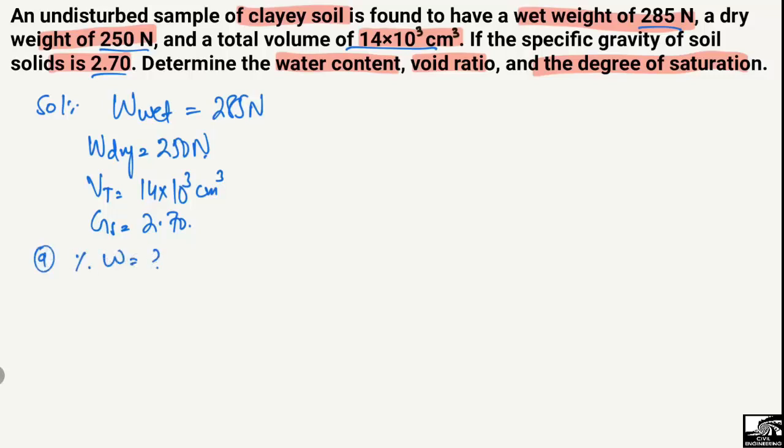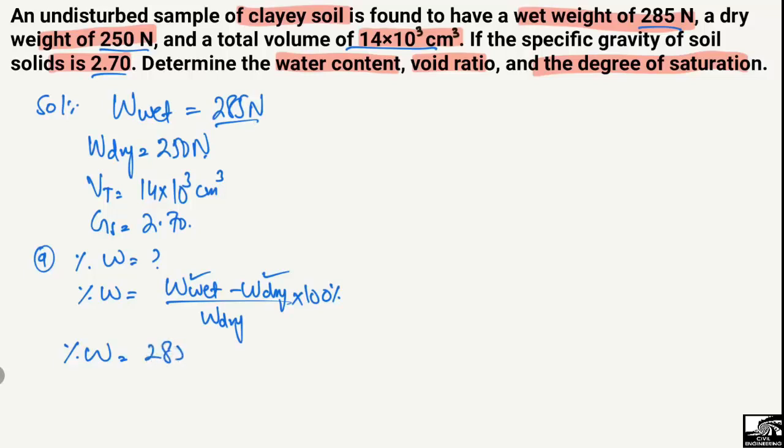To find the water content for this soil sample, it's very easy. The water content in percentage is equal to the wet weight of the soil sample minus the dry weight, divided by the dry weight, multiplied by 100%. Now the wet weight is 285 minus the dry weight 250, divided by the dry weight, which is also 250, multiplied by 100%.